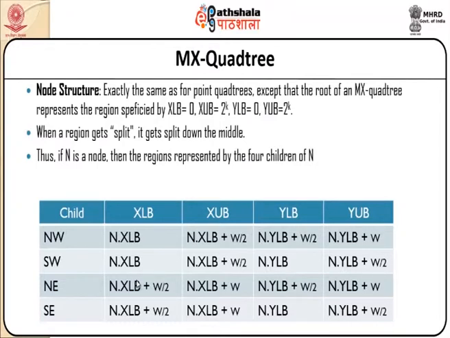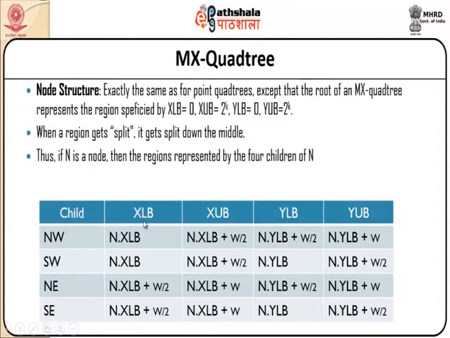When a region gets split, it gets split down the middle of that region. Thus, if n is a node, then the region represented by the 4 children of n, in the directions northwest, southwest, northeast and southeast, is as follows.